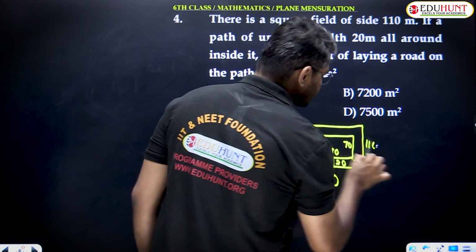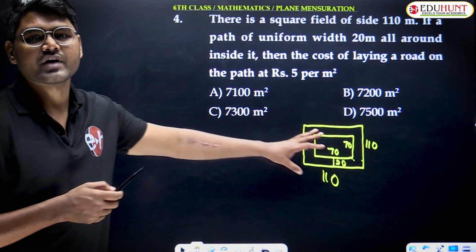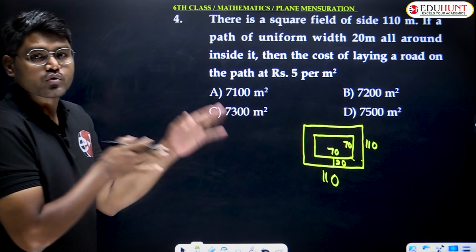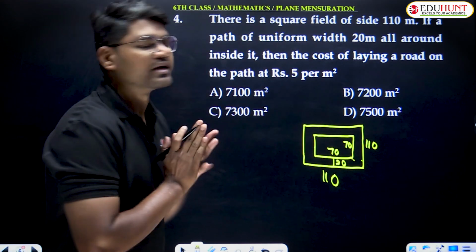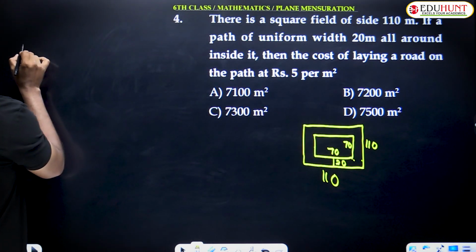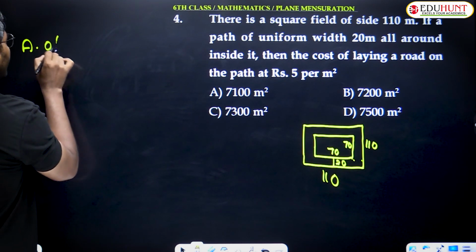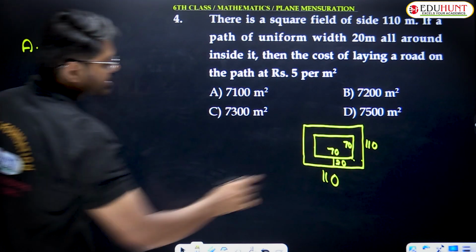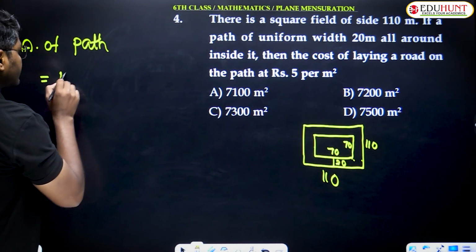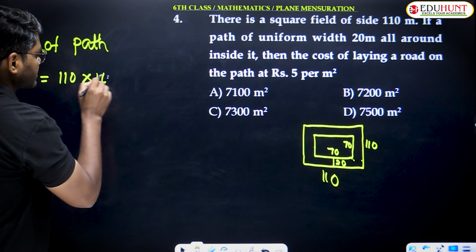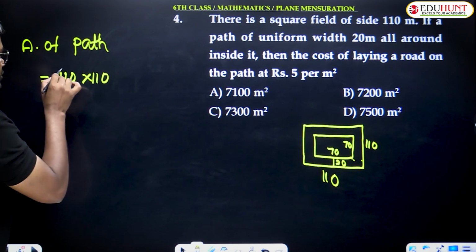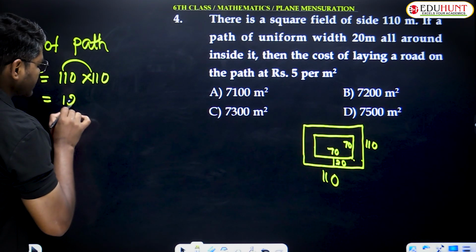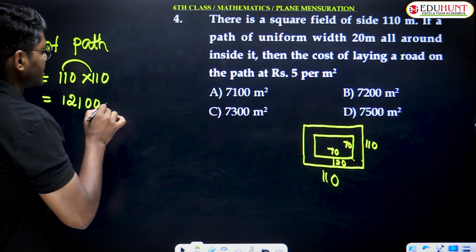This is 110. Now we have to find the area of the path. So the area of the path means area of the outer square minus area of the inner square. Area of the path, directly I am calculating, is equal to the outer square 110 into 110. So this can be done as 11 square. 11 square means 121, 2 zeros, meter square.